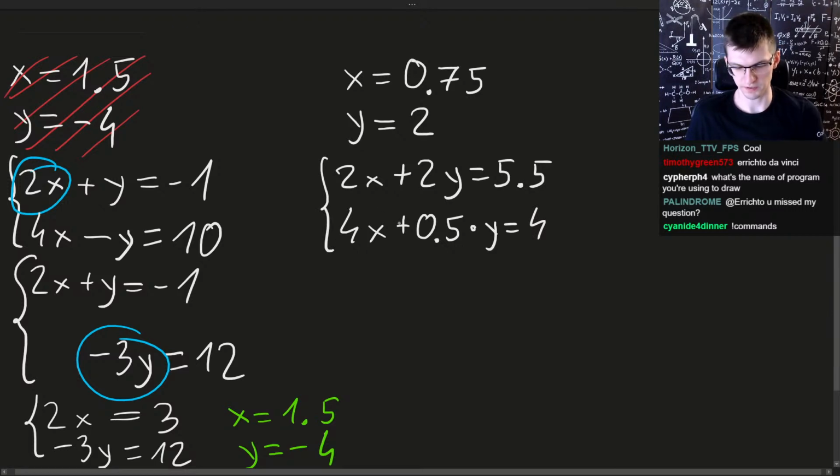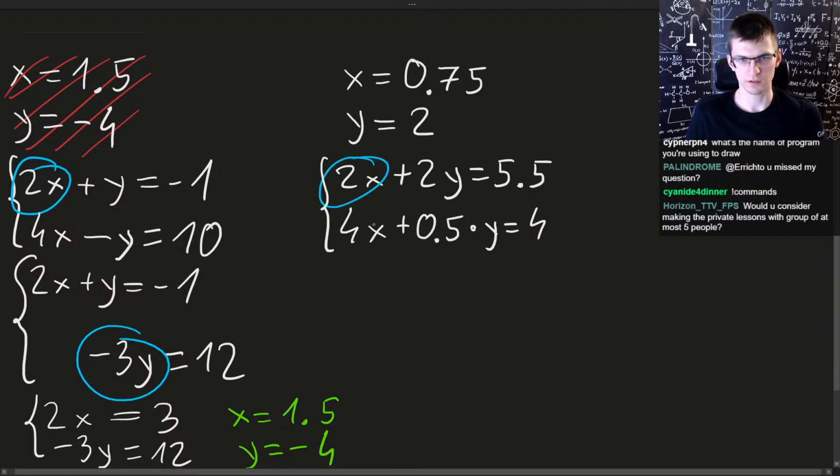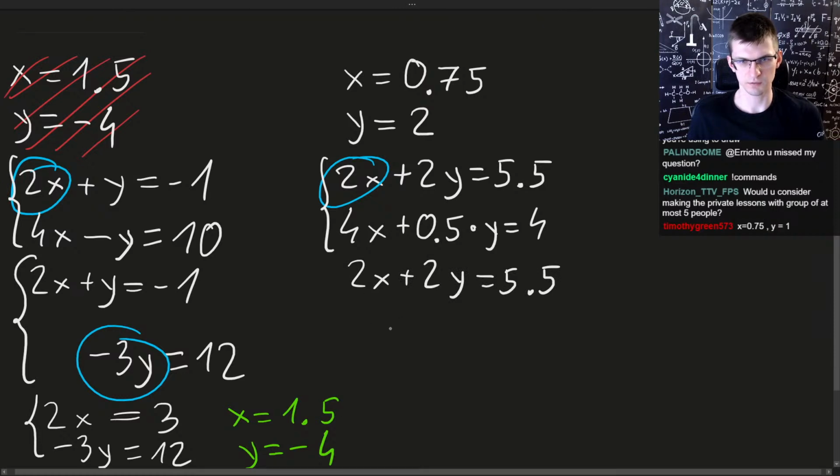I think this is better. And now we use this to get rid of the other x. So we say minus equal the first equation times 2. I rewrite the first equation. And then we have 0 plus this minus 4 times y. So that's minus 3.5 times y. And 4 minus twice 5.5, that's 4 minus 11, minus 7.